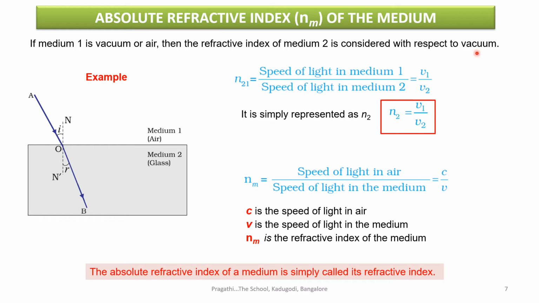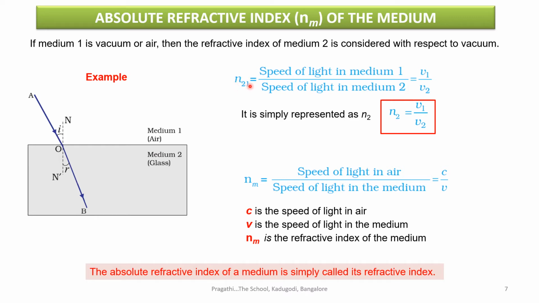So medium 1, see here, n21. Medium 1 is air, medium 2 is glass, for example. So n21, the refractive index of medium 2. This is just a simple refractive index. It is not an absolute refractive index, what we are seeing here. It is a simple refractive index, n21.